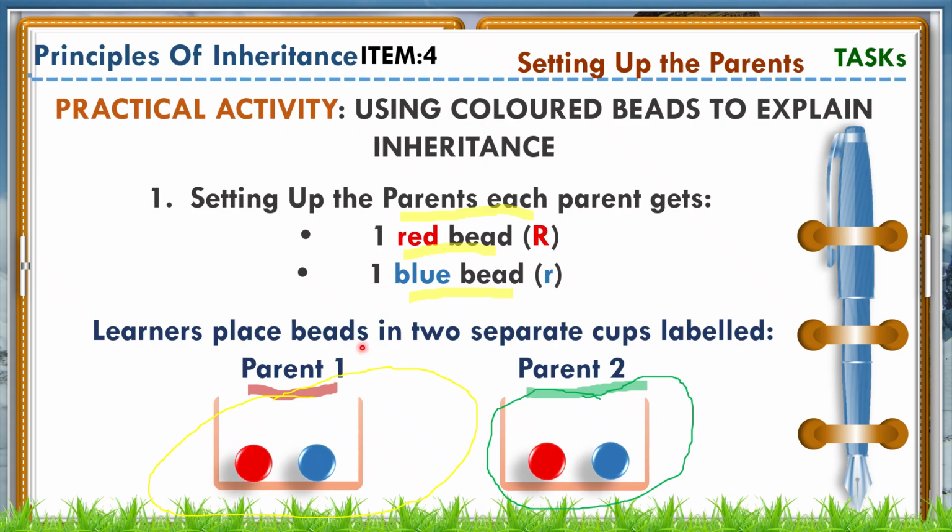Each one has got a red bead, which is dominant, and a blue bead, which is recessive. So these are the genotypes of our parents, or the genes that each parent has.